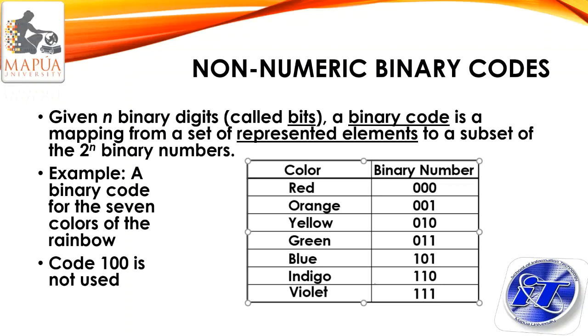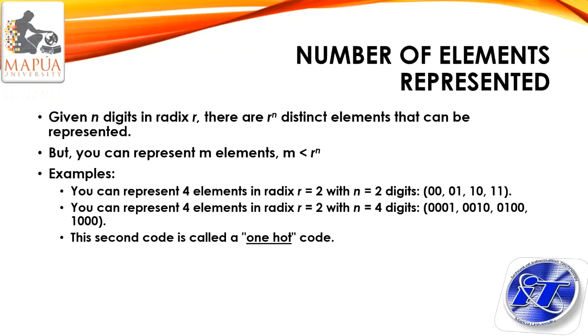This is the formula used to determine the number of bits: m ≤ r^n, where m is the number of elements to be represented. Actually, this is less than or equal to. In a set, how many elements do we have? That will be m.